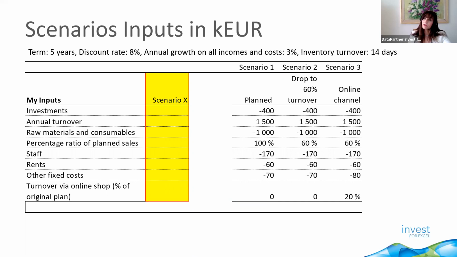However, later on we can also extend it to more years or create even the model in perpetuity. The discount rate is 8%, and we assume that all of the numbers for operating the business grow 3% each, both on income and on cost side. And inventory turnover is just 14 days. That's basically our assumptions.